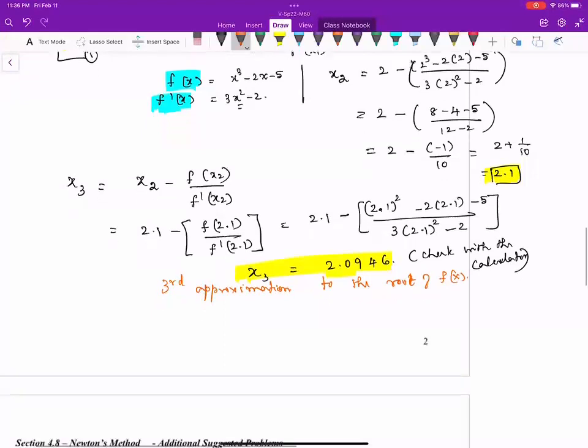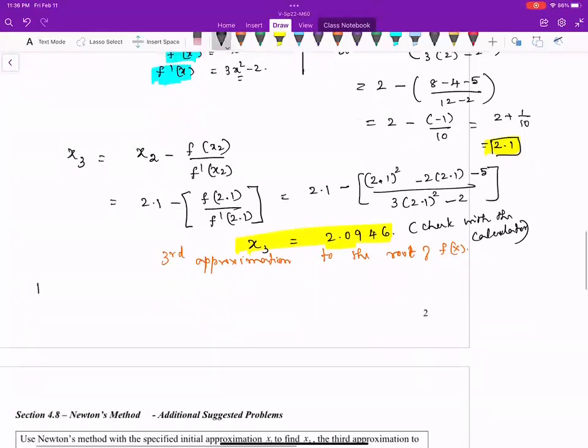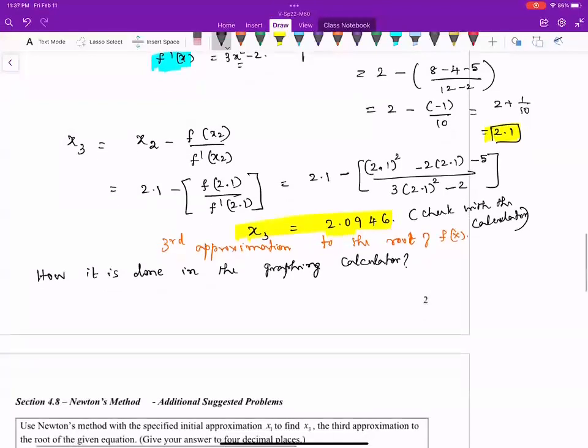Now, how do we do this in the graphing calculator? As we see a pattern, every time we use this particular formula.